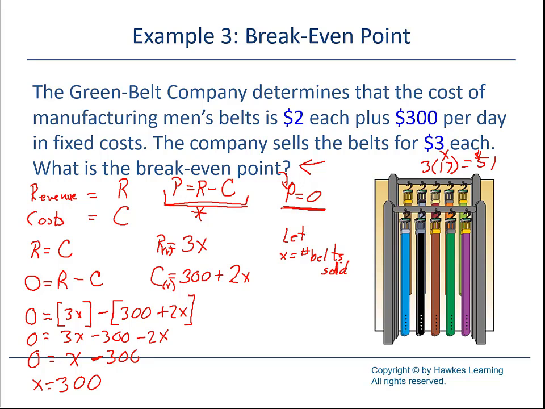Well, that's not answering the question. The question is, what is the break-even point? In other words, how many belts do we make and sell so we break even? Make and sell 300 belts to break even.